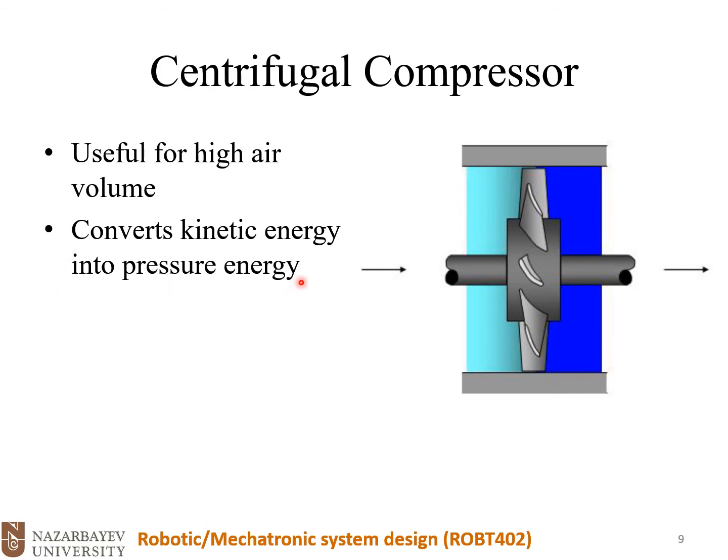So we are using the kinetic energy, velocity, and acceleration of the air to change the pressure. So you see that low pressure comes from one side, and we could achieve higher pressure at the other side at the output.